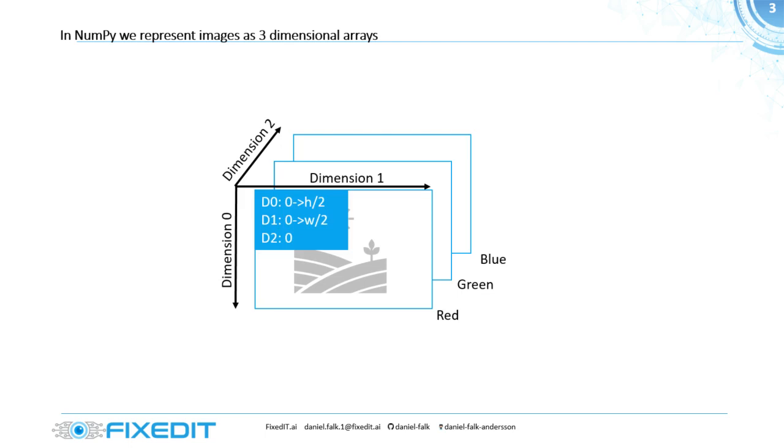In dimension 1, we would address index 0 to width divided by 2. And in the third dimension, we would just index 0, which is the red color plane. So let's get a bit more practical and dive into a Colab notebook and test this out.